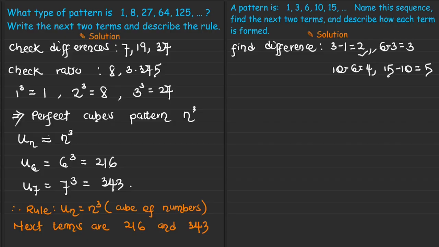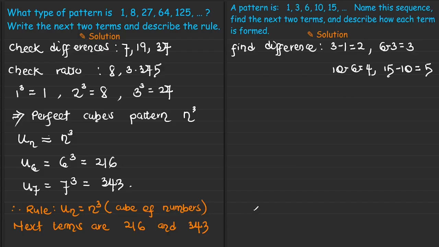Even though this is a 2, this gives us a 3, and this gives us a 4, and then we have a 5 here. It is not constant, but you see, even with these differences, there is a pattern, and that is the differences are increasing by 1 each time.